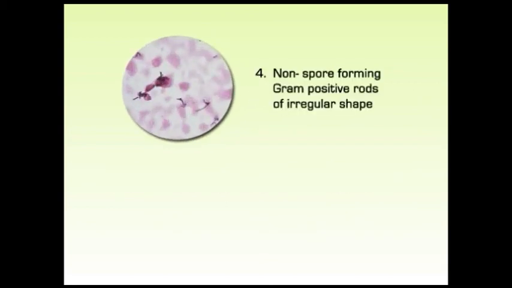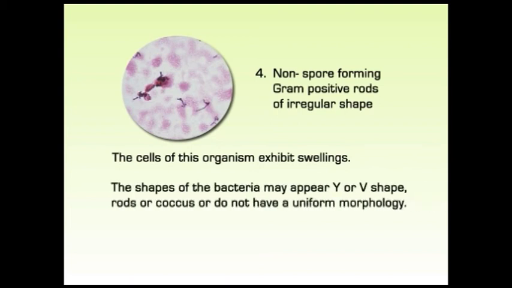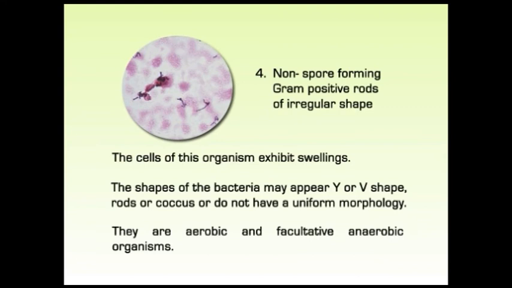The fourth one is non-spore-forming gram-positive rods of irregular shape. The cells of these organisms exhibit swelling. The shapes of the bacteria also appear Y or V shaped, rods or coccus, or they do not have a uniform morphology. They are aerobic and facultative anaerobic organisms.